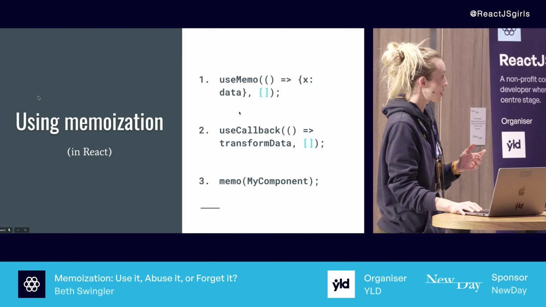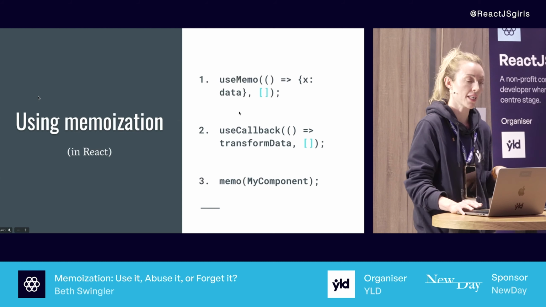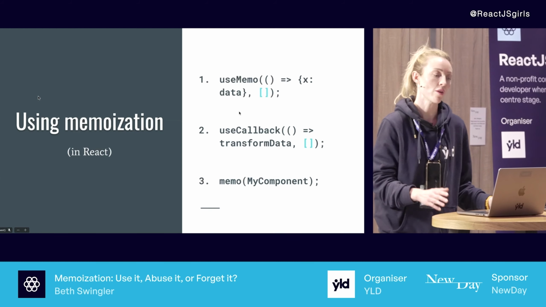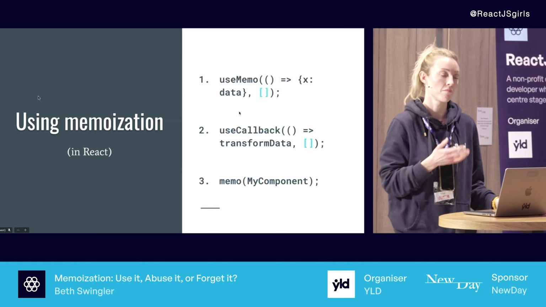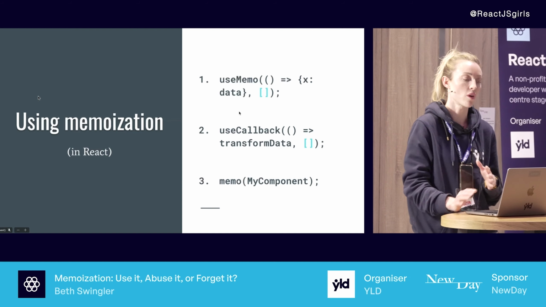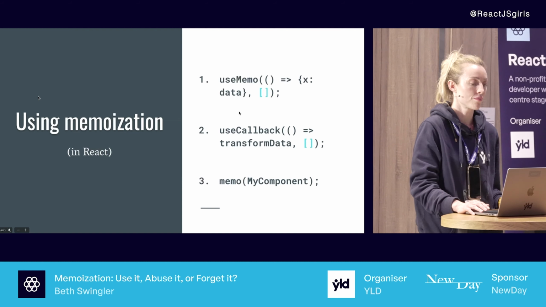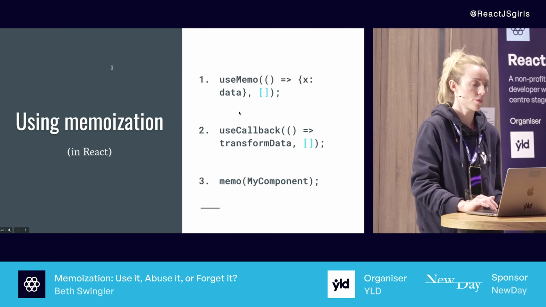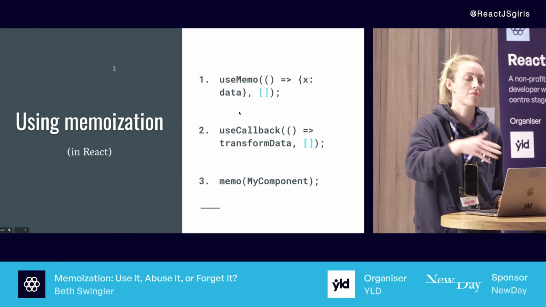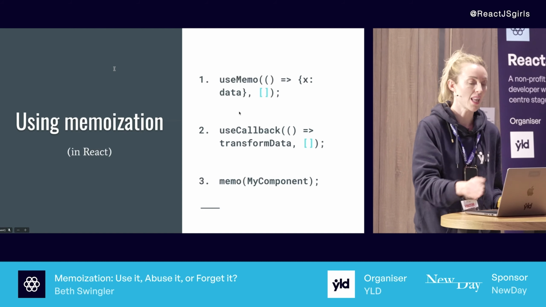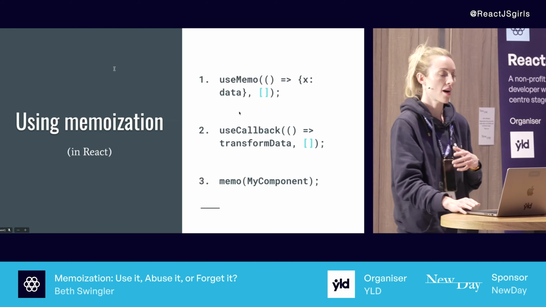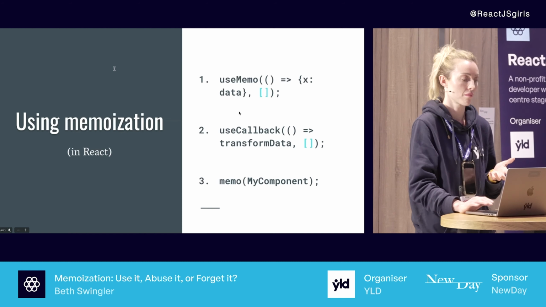So these are the classics in React that you'll be familiar with if you've been memoizing in React. useMemo, which is for memoizing data. useCallback memoizes functions, and memo memoizes components. What happens when you use these is basically it won't rerun them unless the things in the brackets, i.e. the dependency array, update.